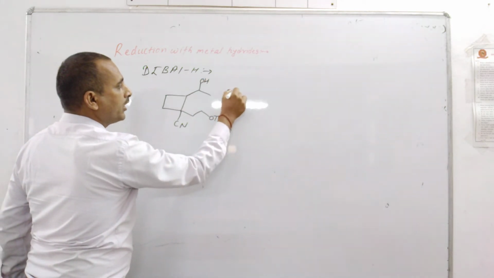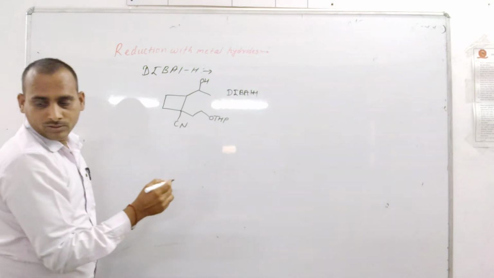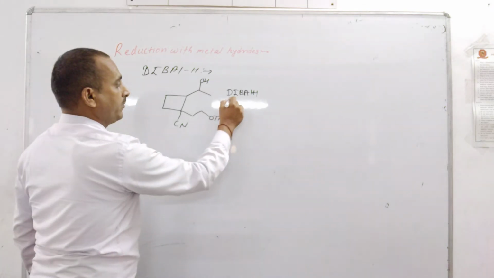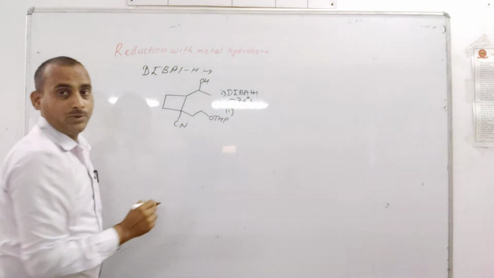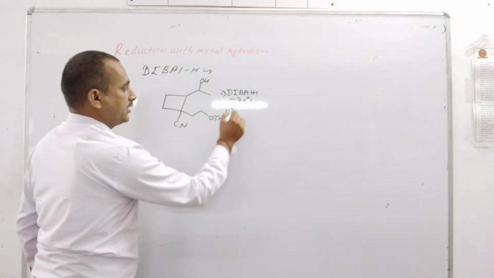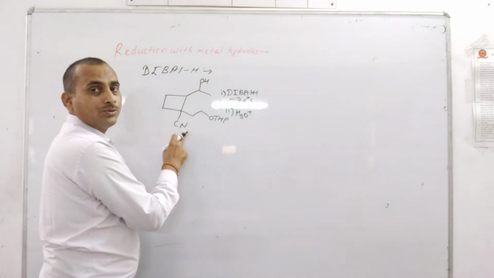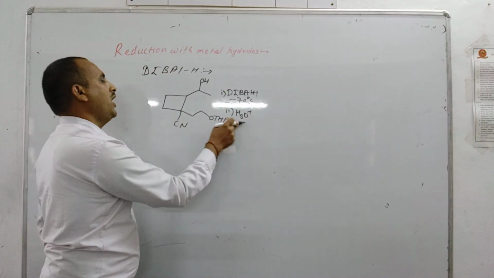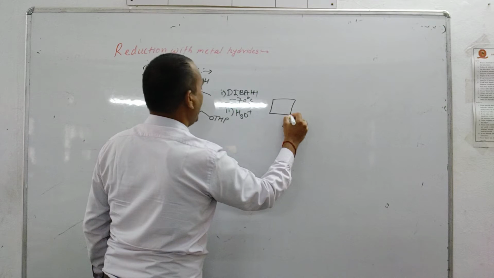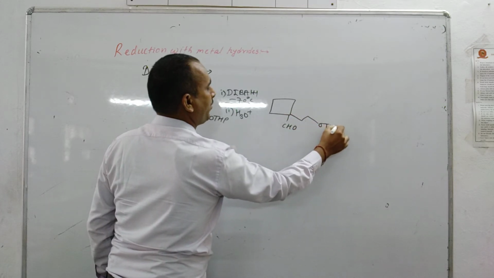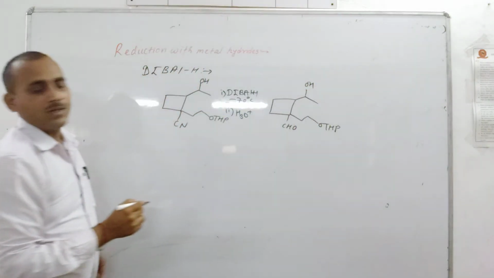Again diisobutyl aluminum hydride at minus 70 degrees Celsius, and the second step is the hydrolysis with H3O plus. Again DIBAL reduces cyanide to imine salt, and imine on hydrolysis gives aldehyde, OTHP, OH, CH3.